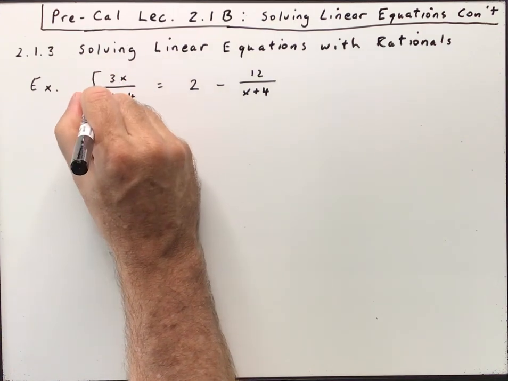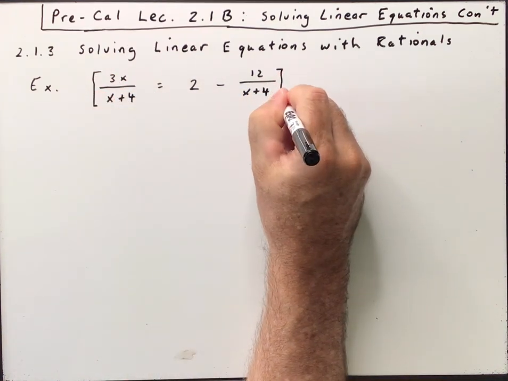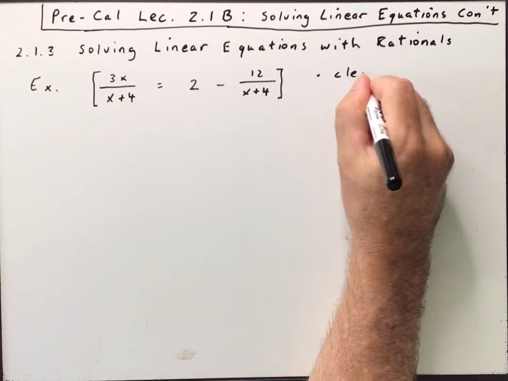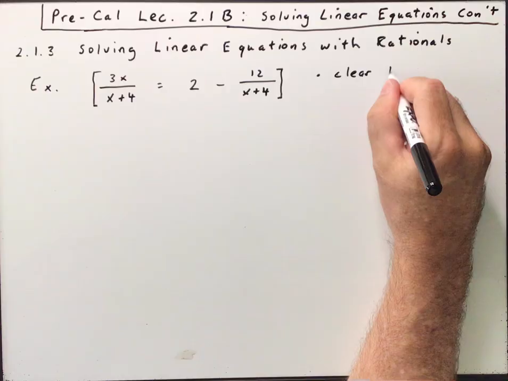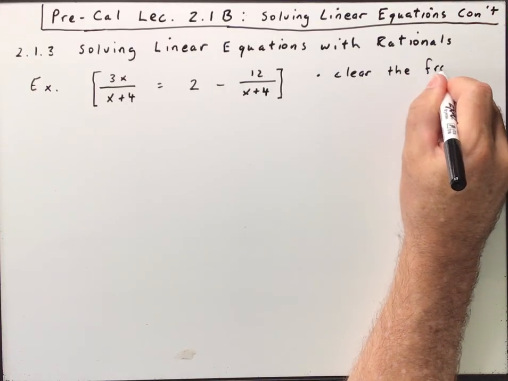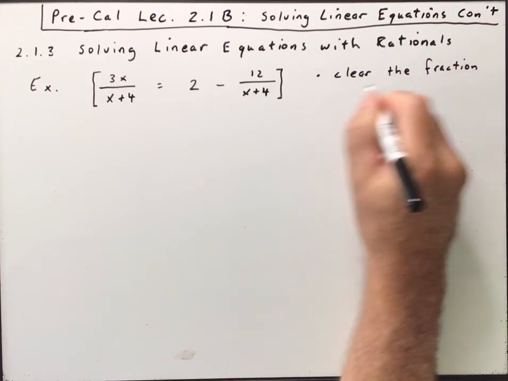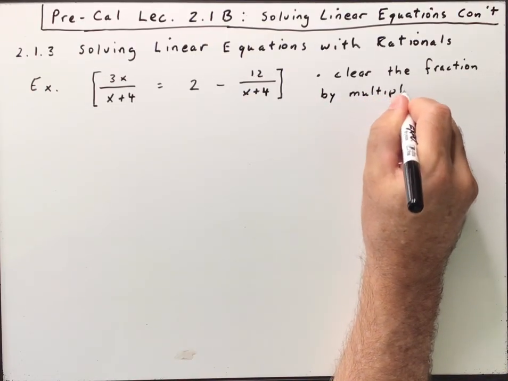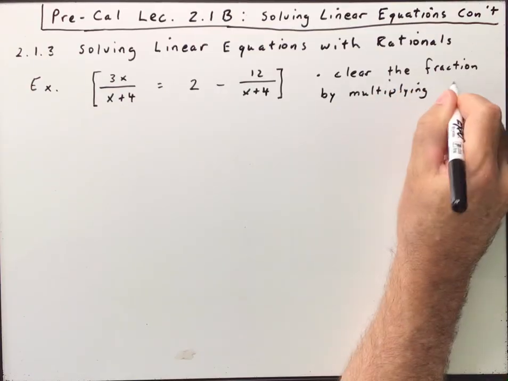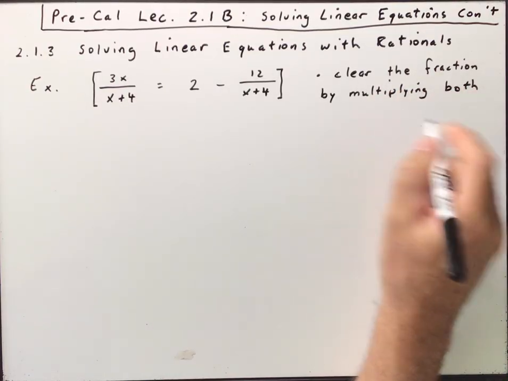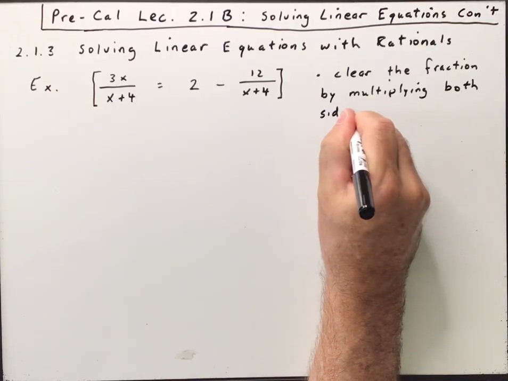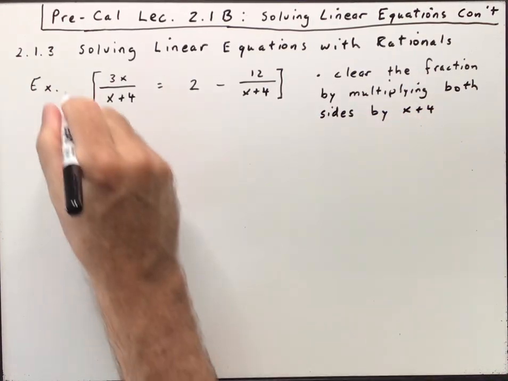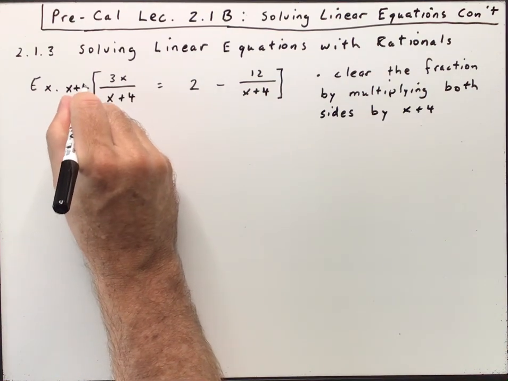All right, we could multiply both sides. We want to clear the fraction. So clear the fraction by multiplying both sides by what? By x plus 4. So we'll put an x plus 4 out front.